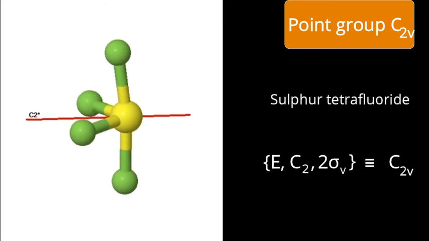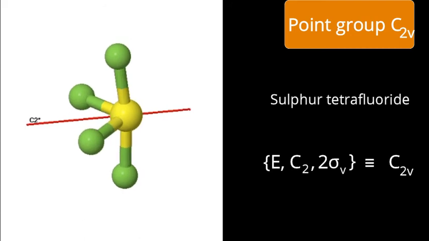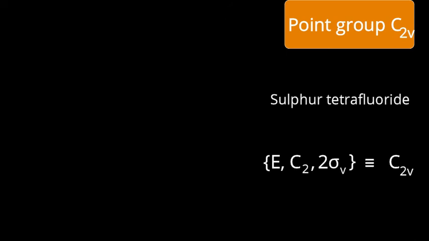That bond pair is experiencing repulsion. Are you imagining the structure properly? What do you think? In this structure, which axis is present? Yes, a C2 axis is present, which bisects the angle between the equatorial fluorines. By performing the C2 operation around that axis, the upper fluorine will come down and the backside equatorial fluorine will come to the front side.